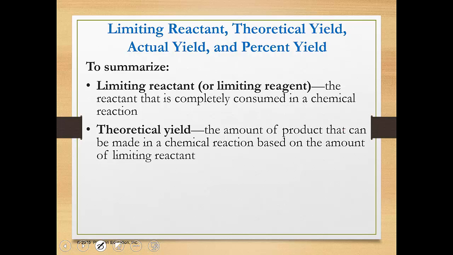The theoretical yield is the amount of product that can be made based on the amount of the limiting reactant. So you're going to have to calculate a theoretical yield for all of the reactants that go in, but only one of them limits the reaction. So the theoretical yield is going to be that smallest amount.